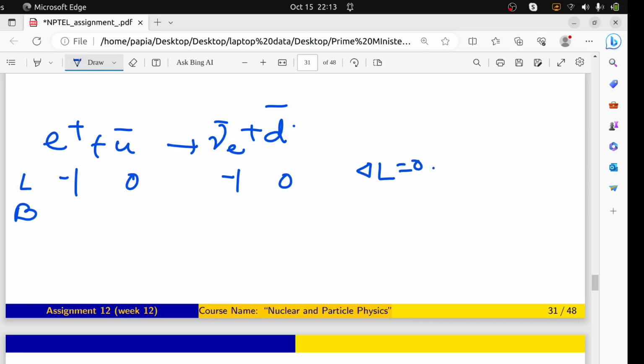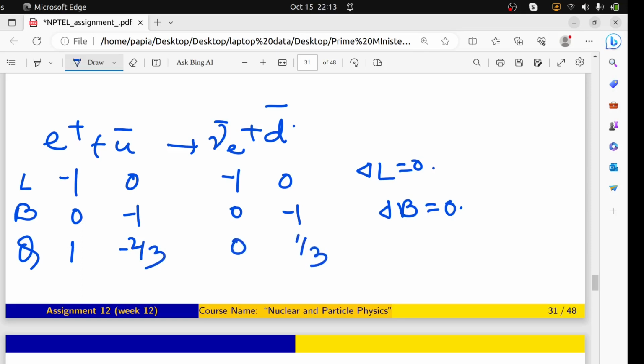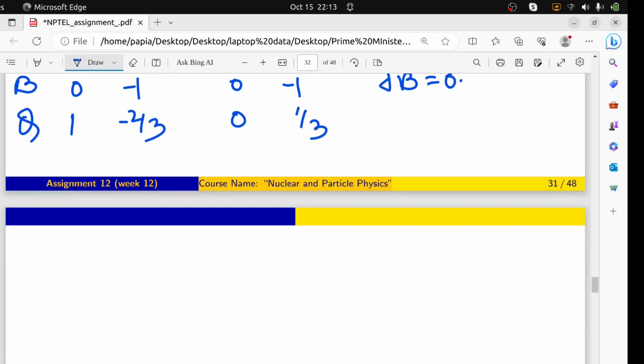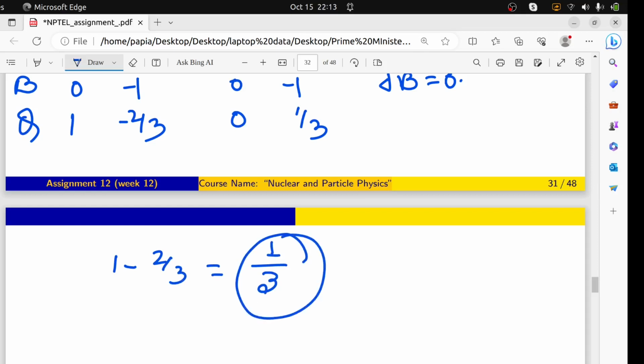Now what about B? 0, minus 1, 0, minus 1. So delta B is also 0. Now Q, this is plus 1, this is minus 2 by 3. This is 0, this is 1 by 3. Now we will calculate this one. 1 minus 2 by 3. What is the value? This is 1 by 3. And here also it is 1 by 3. So that means delta Q is also 0.